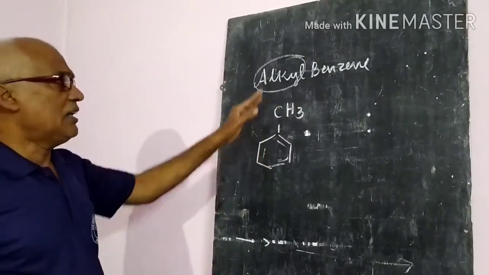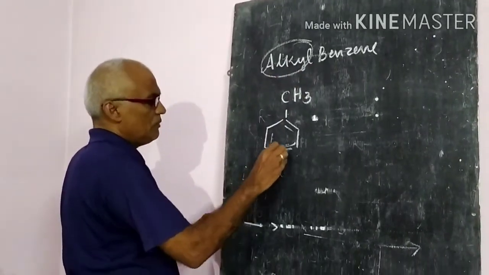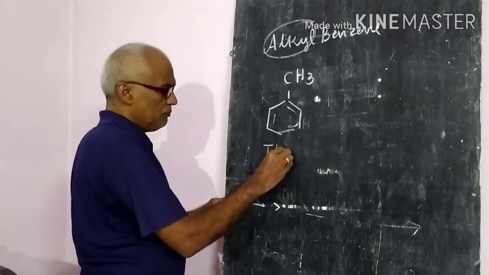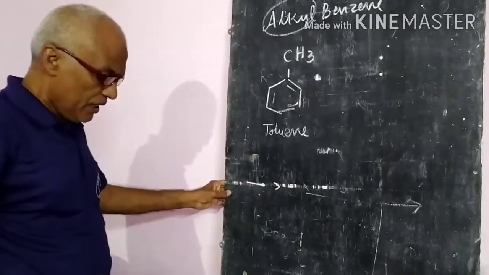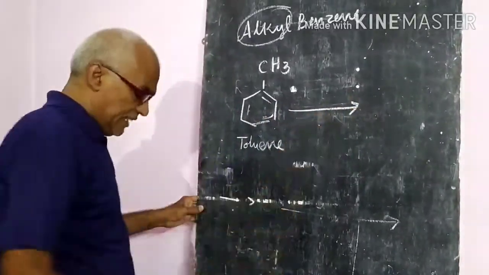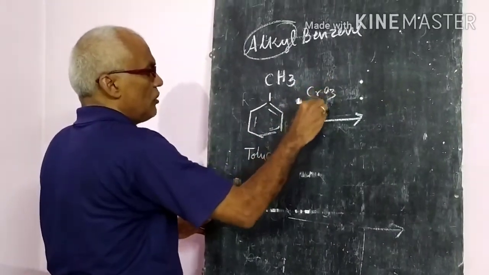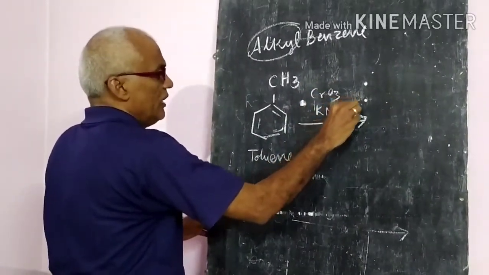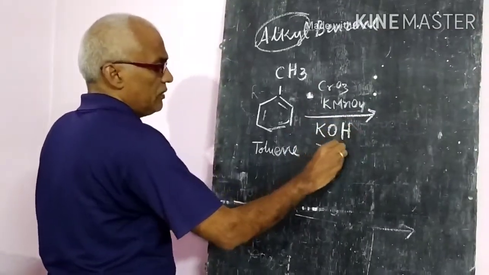You know that this alkyl benzene is nothing but toluene, or methyl benzene. If you take it in the presence of an oxidizing agent, that is, chromic oxide or potassium permanganate, in the presence of an alkali, that is the most important.